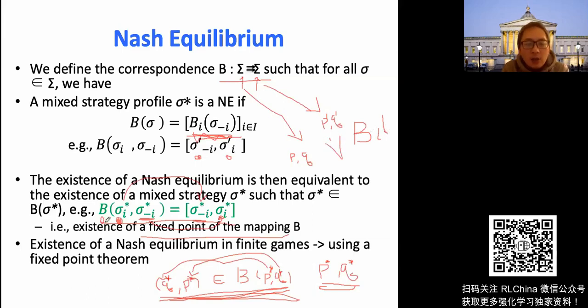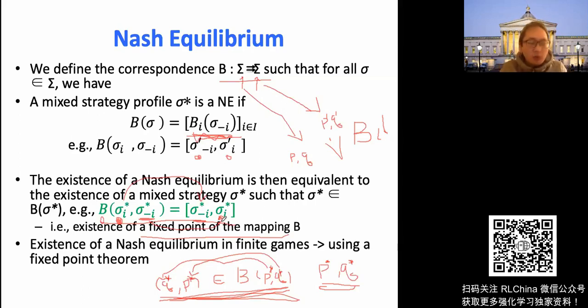And as long as you can prove that this best response mapping has a fixed point, then by definition of a Nash equilibrium, this fixed point is a Nash equilibrium. Therefore, you proved the existence of Nash equilibrium.